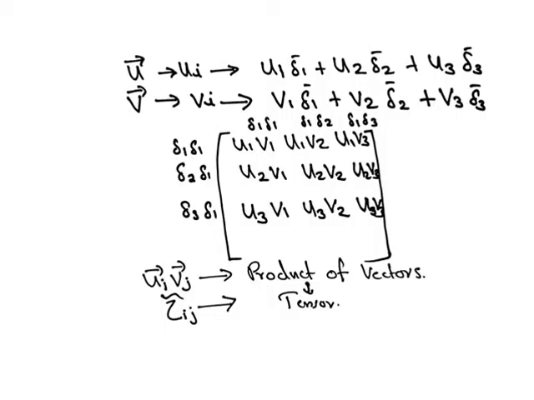So ui vj, if you take the product, one is a vector, another is a covector, we used to say. So if you multiply them, you have one tensor with 9 components. One component is del 1 del 1, up to del 3 del 3 last. So just like a matrix only, nothing great in that.